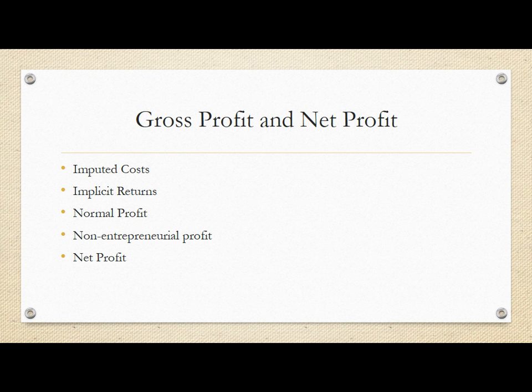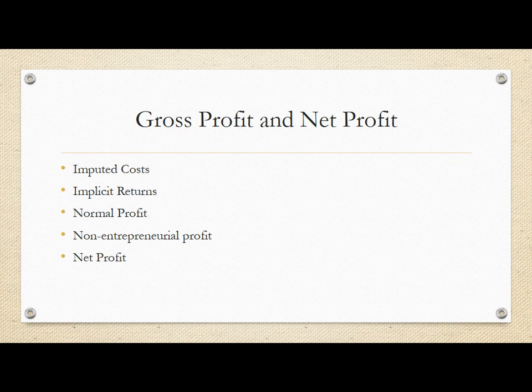In many business firms, the entrepreneur uses his own land, invests his own capital, and also works as a manager. Third is normal profit. Normal profit is also the implicit cost of entrepreneurial inputs. It is the imputed minimal return for the entrepreneur's organizational function.